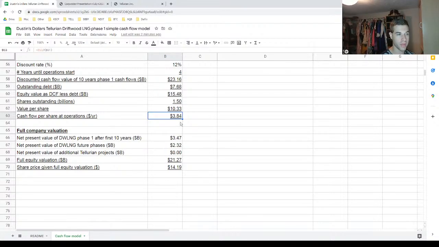But one of the things with Tellurian, and you've clearly seen this with other companies like Cheniere, is once they start that first chunk, you have those future phases of the company that there's some value in, right?